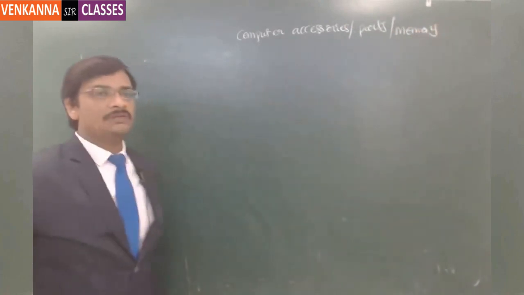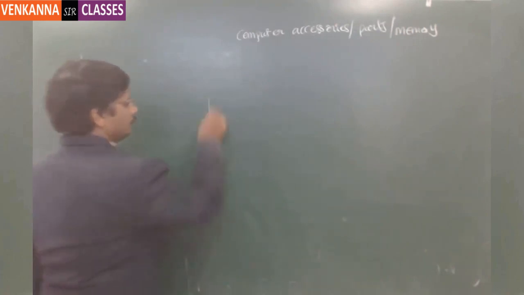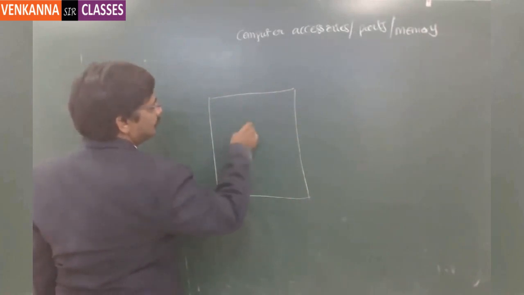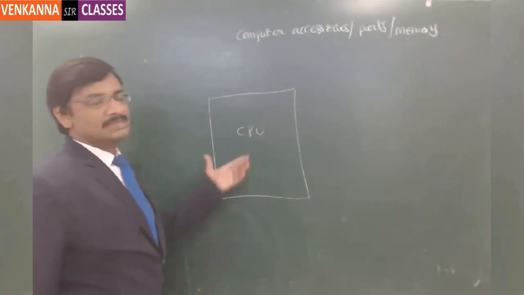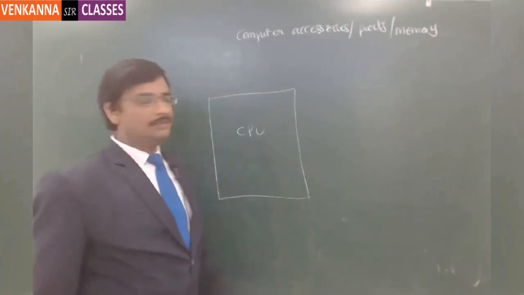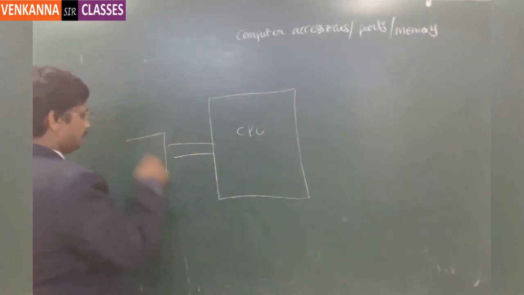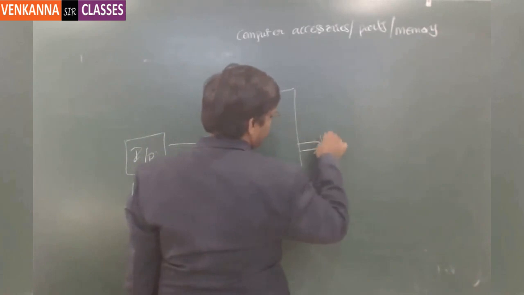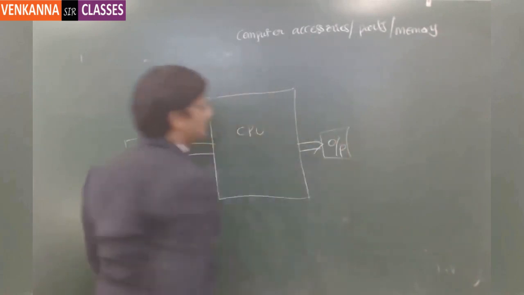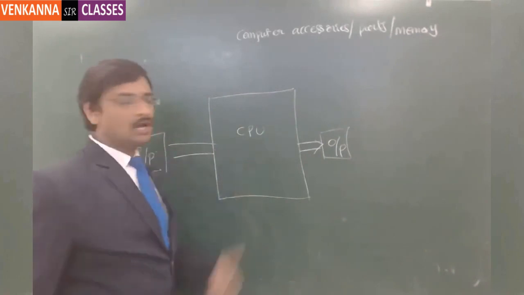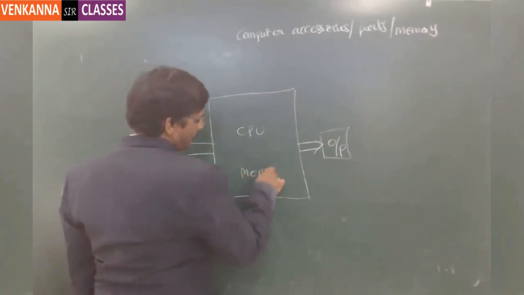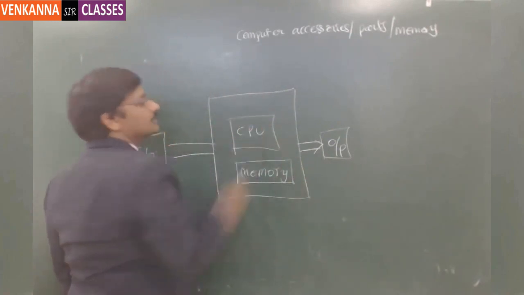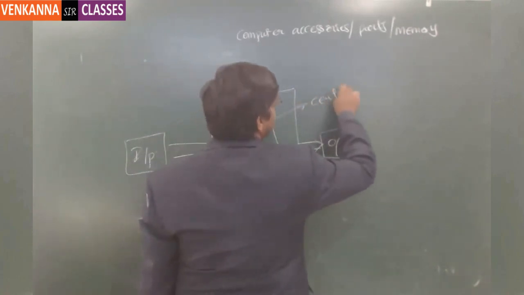Here in a computer, if you notice the inside one, this is called the CPU, the central processing unit, and then there is an input device and there will be the output devices. Within this there is a CPU, and along with that there is memory. This CPU is the central processing unit.